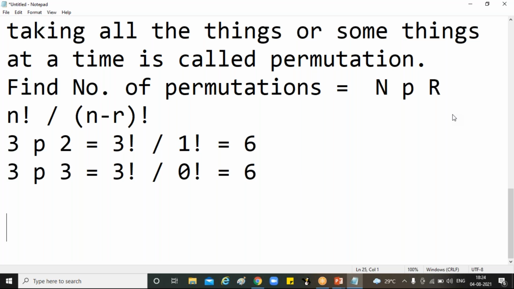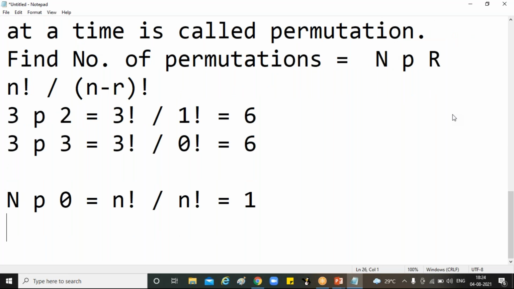Before that, you have to understand some basics also. What is the value of nP0? n factorial by (n minus 0) factorial means n factorial by n factorial, so the answer is 1. nPn means n factorial by (n minus n) factorial, 0 factorial, so the answer is n factorial.